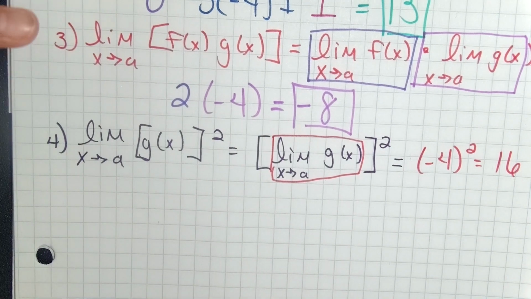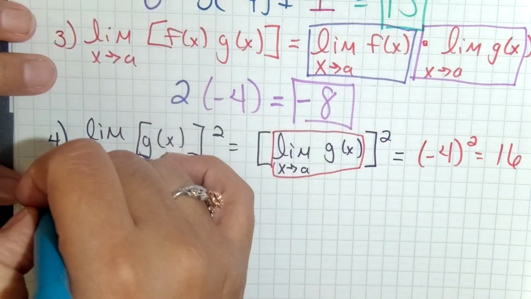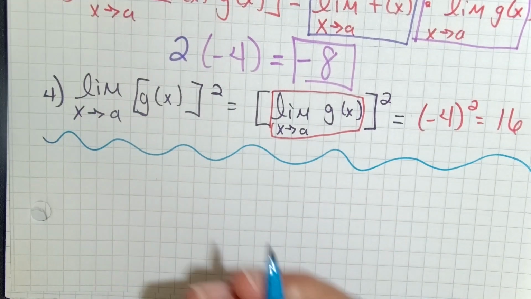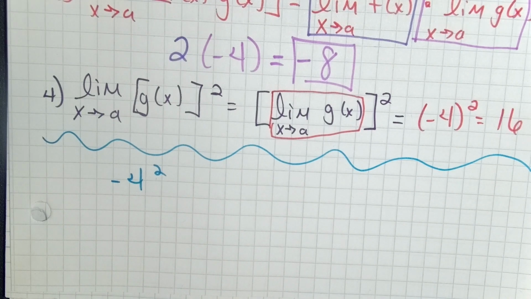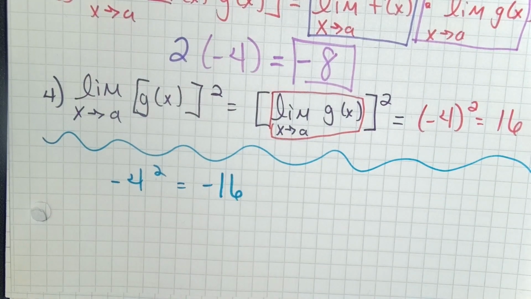When you're typing this in, don't write down what I'm about to write underneath this last example. A lot of you, what you type into your calculator is -4 squared. I want you all to type that in exactly like that. Do we get -16? Yeah, because your calculator does order of operations.